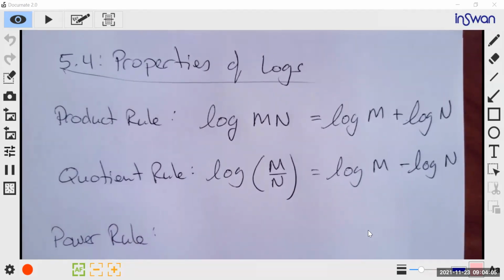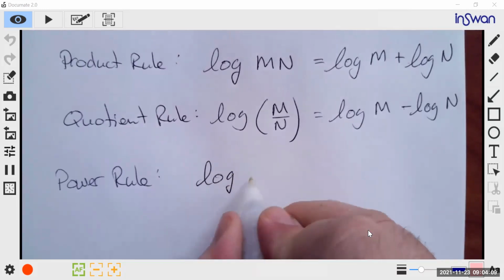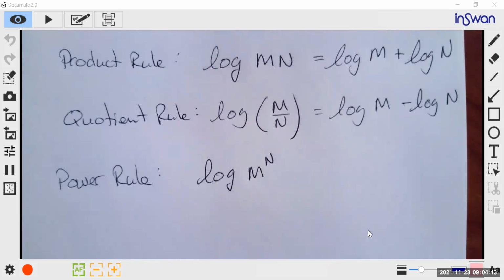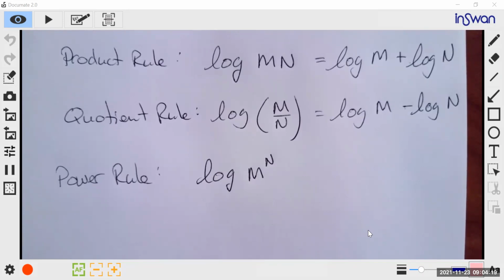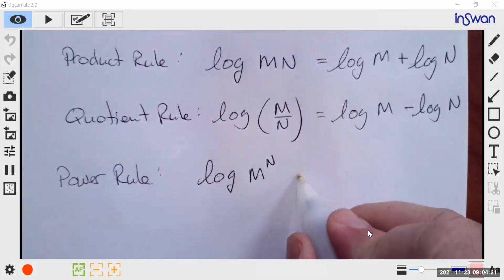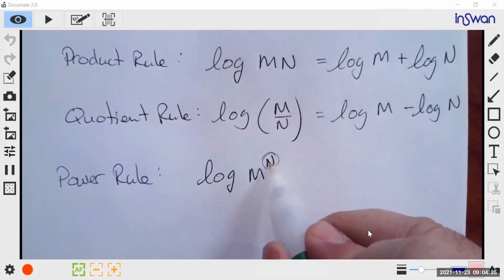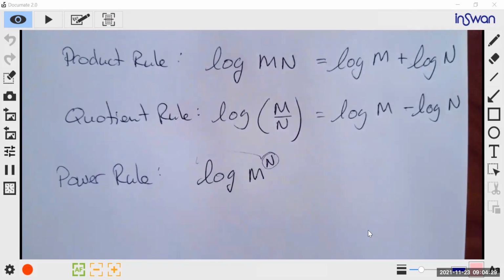The power rule. You cannot have exponents in logs. So whenever you have an exponent inside of a log, that exponent goes out in front.